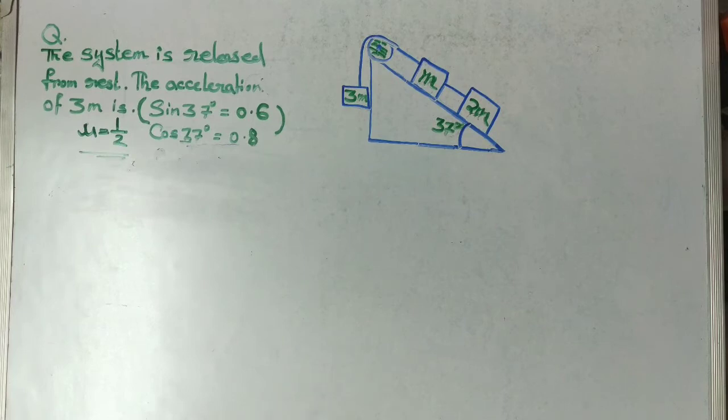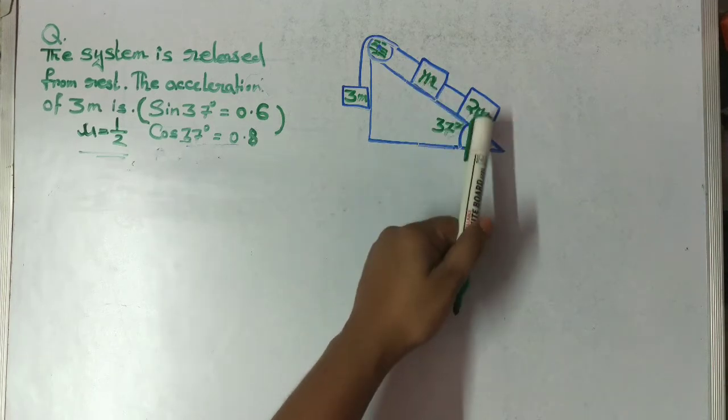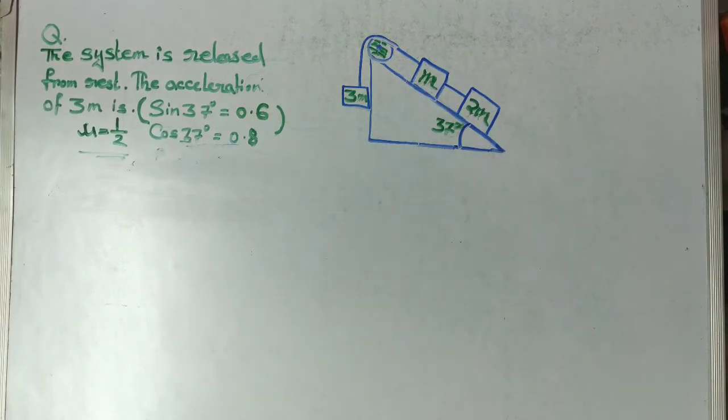Welcome to the session. Today we will solve this particular physics question. Here a system is given where an inclined plane making an angle of 37 degrees with the horizontal is given, and masses m, 2m and 3m attached to the same string are placed over a massless pulley.